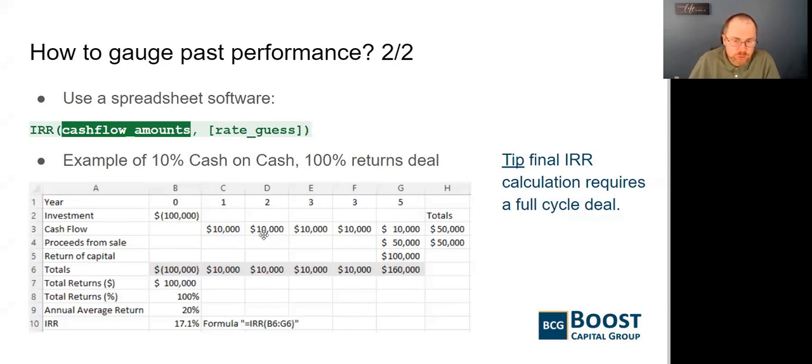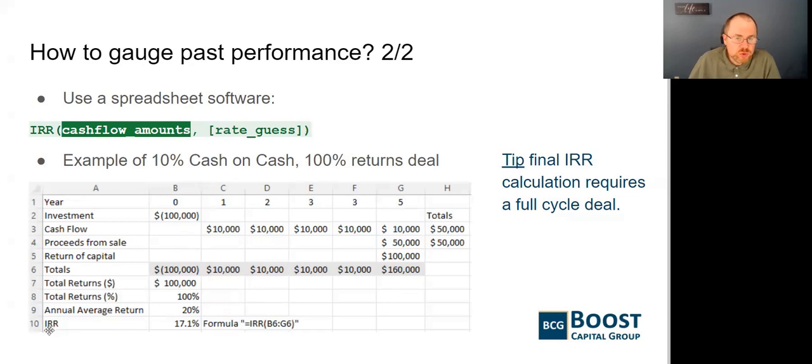And then if you add up all these numbers throughout the different years, that's what it looks like. Minus $100,000 in year zero, the $10,000 every year, and in year five, $10,000 of cash flow plus $50,000 from the sale plus $100,000 of return of capital. So that's $160,000.